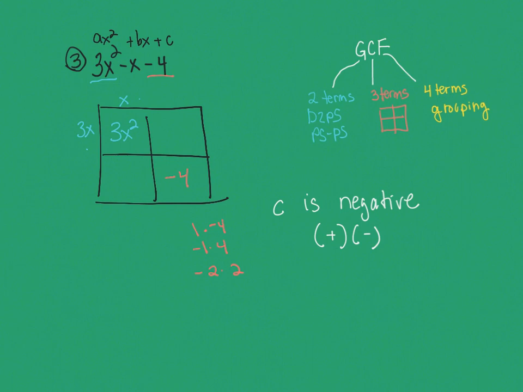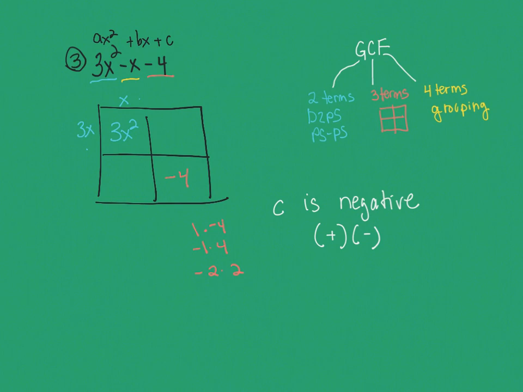Okay? Now, if I go to look at this middle term here, what we're trying to do is get this to be a middle term of negative x. Now, when a equaled 1, all we would do is figure out the sum of these, and it would tell us which set is the correct set.